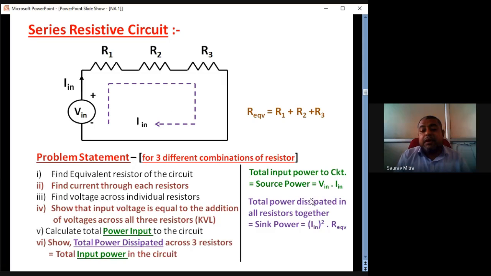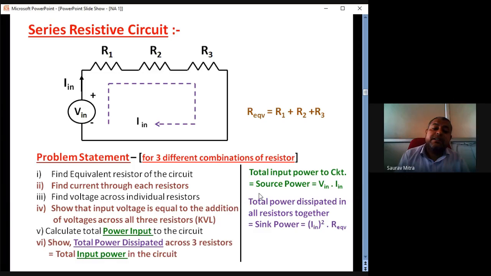Next, what is the power dissipated in all the resistances? It is Iin squared into R equivalent. Either you add all these resistances to get R equivalent, R1 plus R2 plus R3, so Iin squared into R equivalent, or you can do Iin squared into R1 plus Iin squared into R2 plus Iin squared into R3.